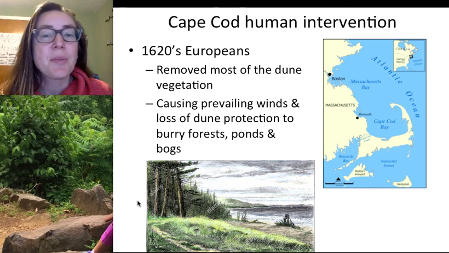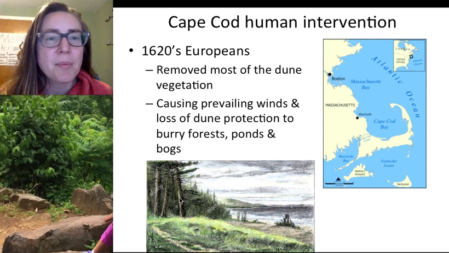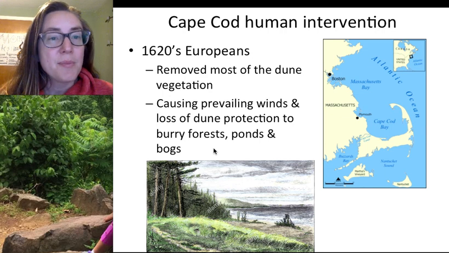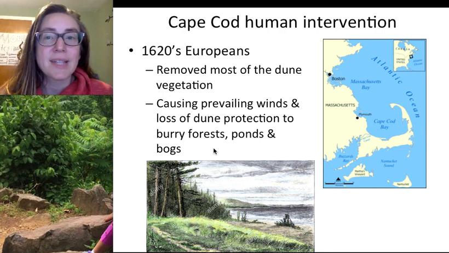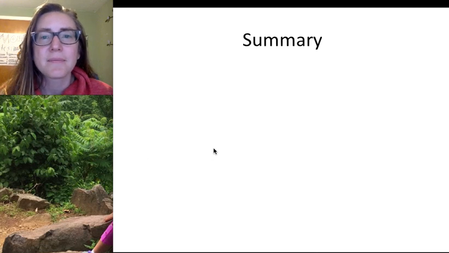It's going to destroy the freshwater ponds on the back of the island, and even bogs that would be sustainable for different types of farming practices, as well as organism diversity. So humans are absolutely a major cause in the evolution of barrier islands.